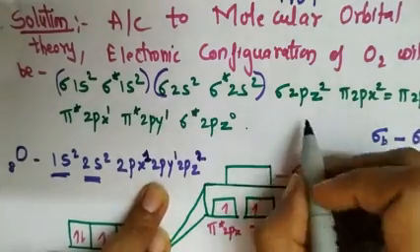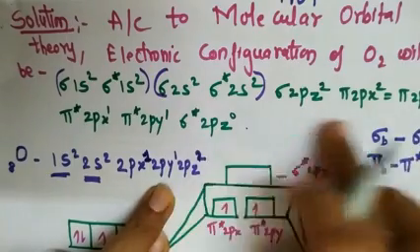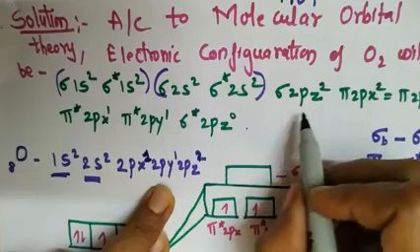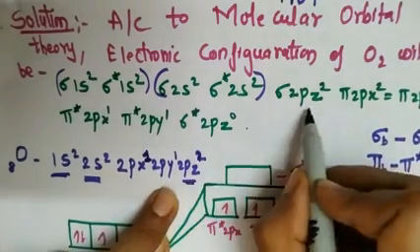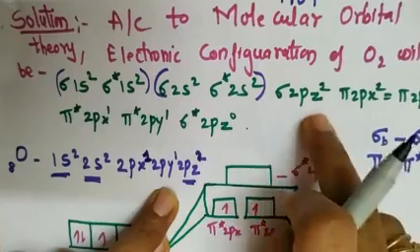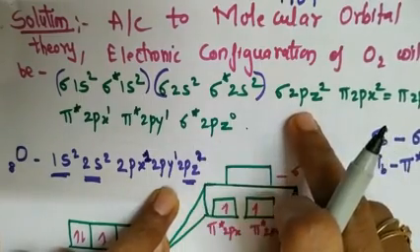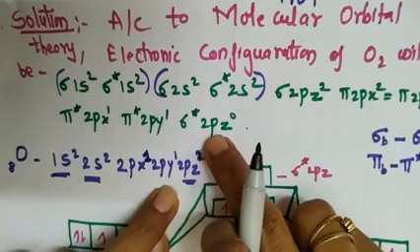So sigma 2pz2, according to the energy level, how the filling is there, we will see in the energy level diagram. Sigma 2pz2 is there, so its anti-bonding will also be there afterwards, because it is having more energy.